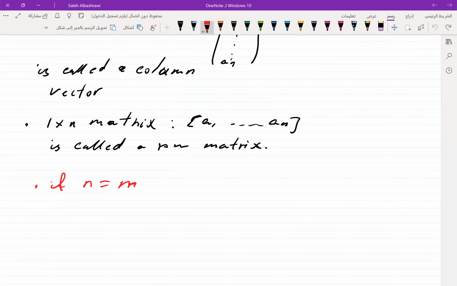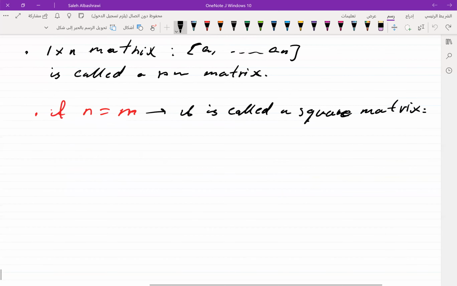If the number of rows is equal to the number of columns, we say this is a square matrix.